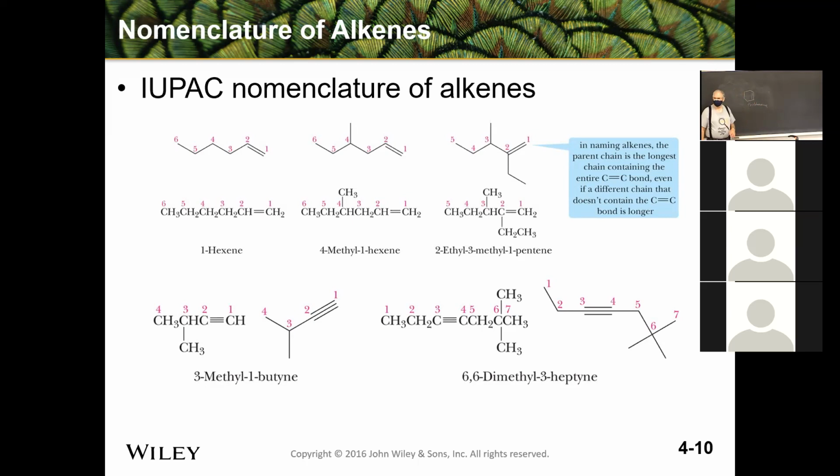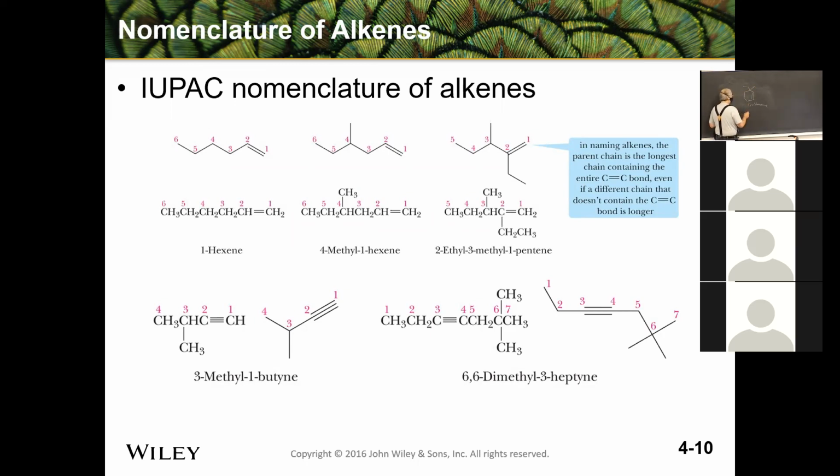Okay, I actually don't need a number, because no matter where I put the double bond, it's the same compound. If I do have other substituents, say we have something like that, the double bond's automatically between 1 and 2.